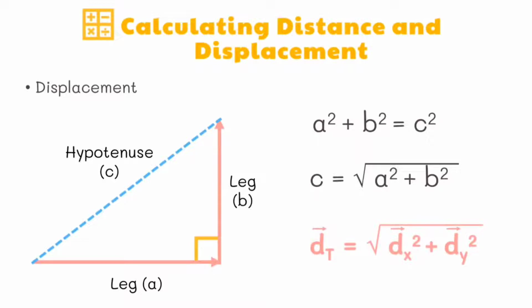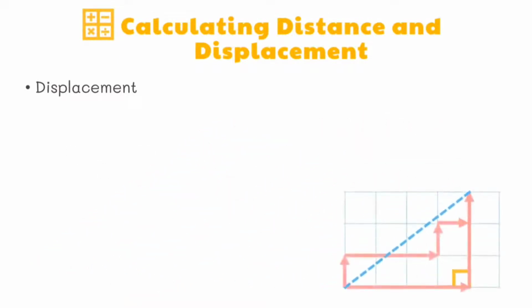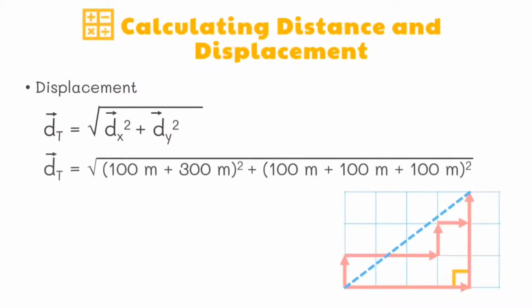Using the formula, we can now solve for the displacement. The total displacement is equal to the square root of dx squared plus dy squared. The total displacement is equal to the square root of (100 meters plus 300 meters) squared on the x-axis plus (100 meters plus 100 meters plus 100 meters) squared on the y-axis.